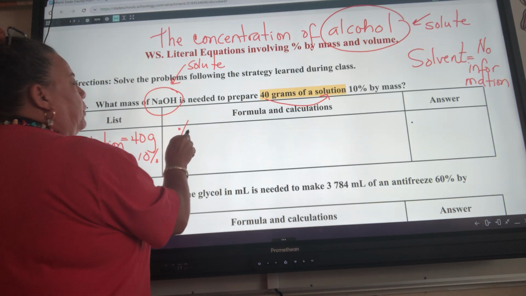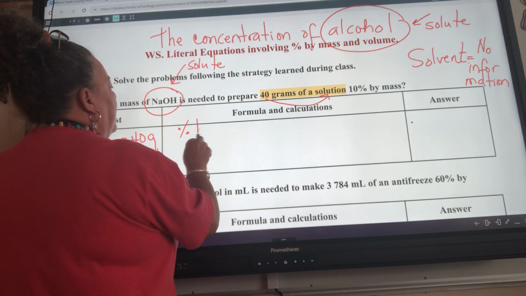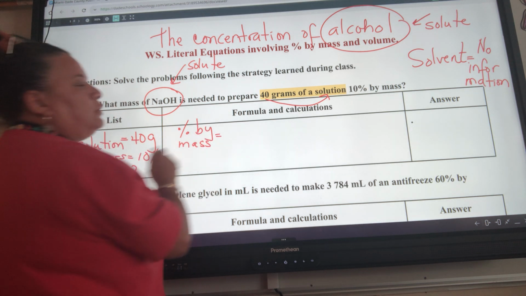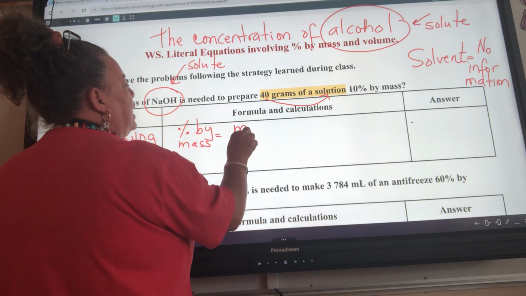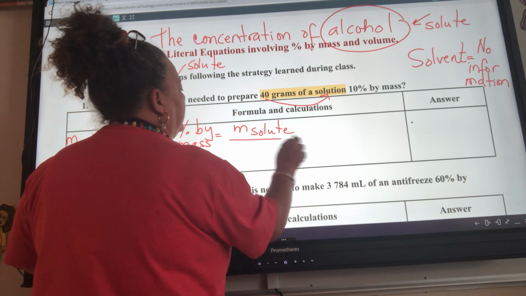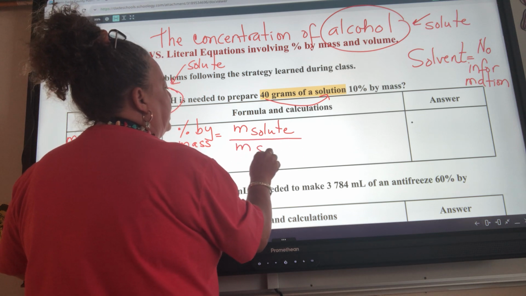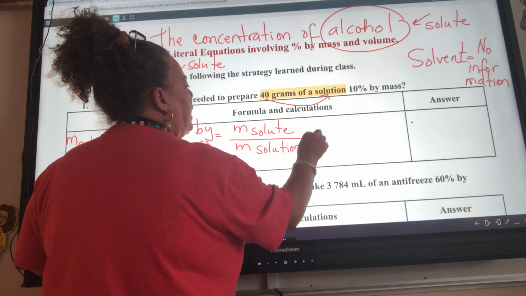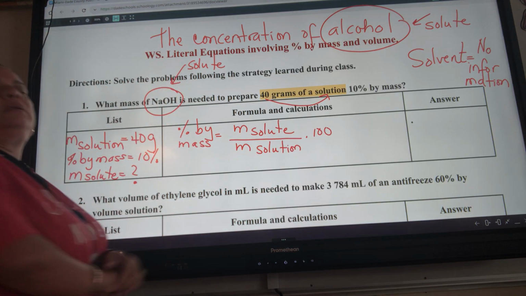So I'm going to put that over here. Percent by mass is equal to the mass of the solute over the mass of the solution, multiplied by 100.